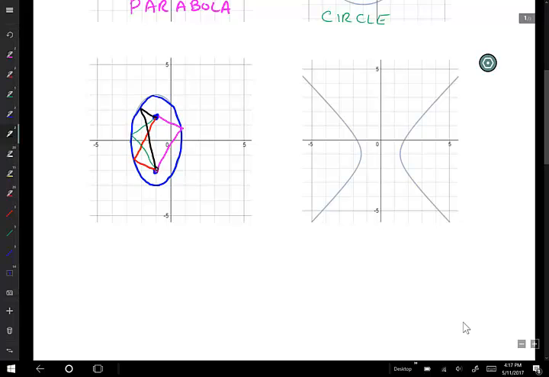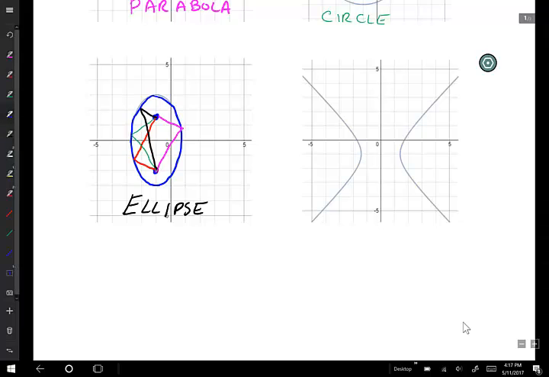All of these sums of lines are equal, and that's the definition of an ellipse. We're going to talk about a standard form of an equation of an ellipse in a little bit.